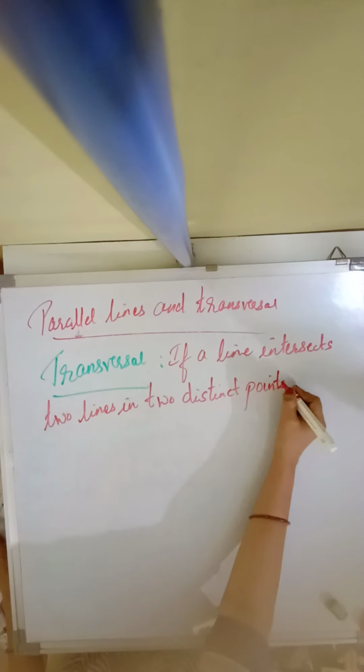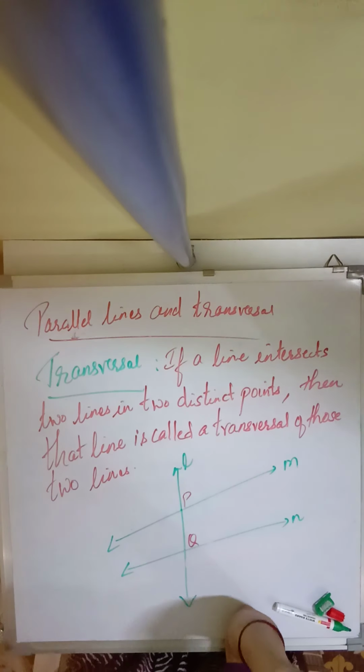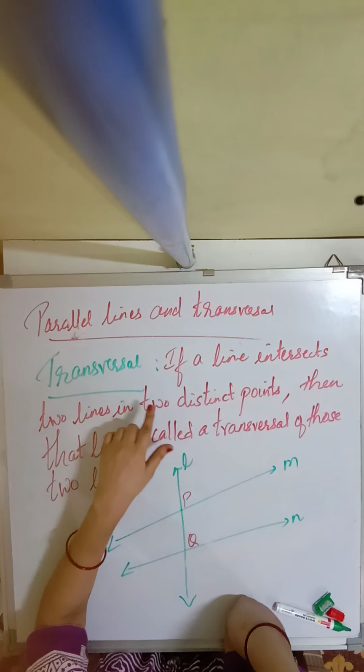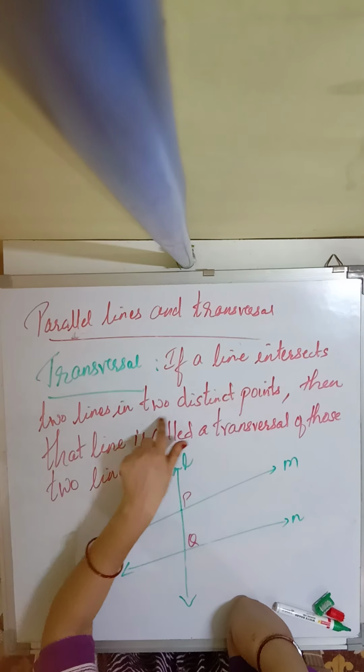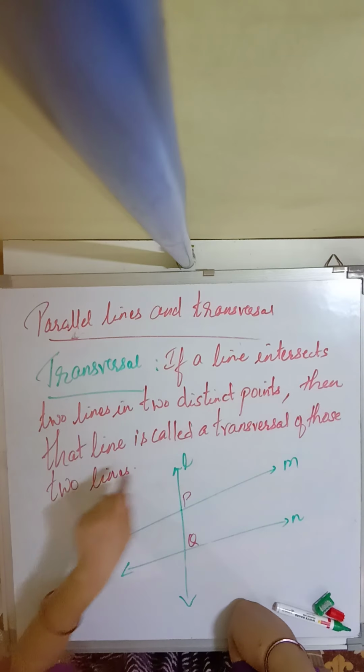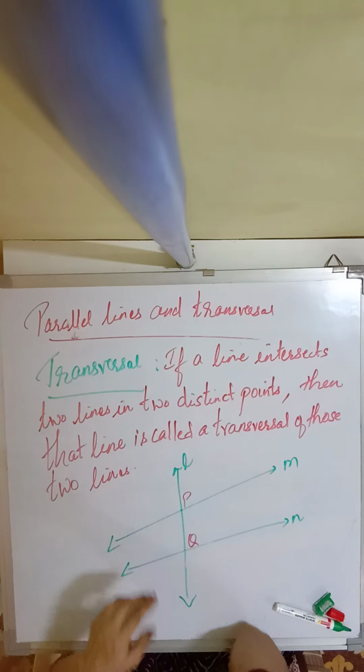Okay, this word is very important, children. It should intersect in two distinct points. So children, the actual definition of transversal: if a line intersects two lines in two distinct points, then that line is called a transversal of those two lines.